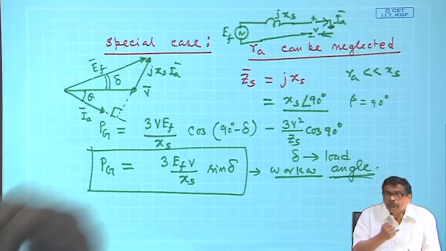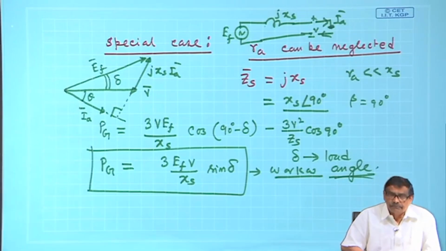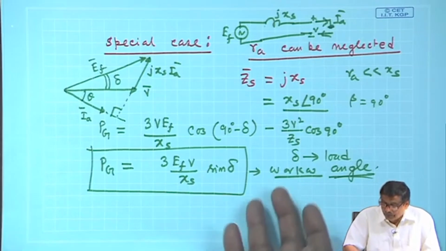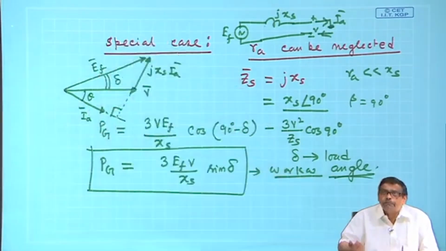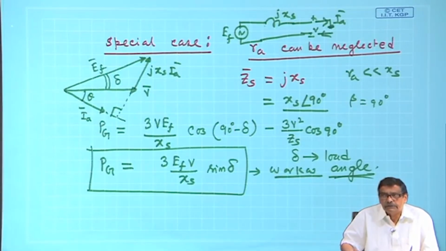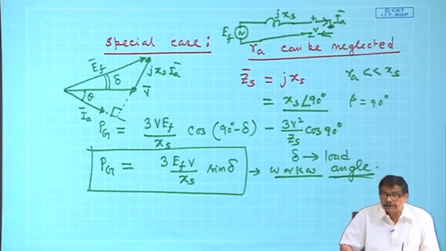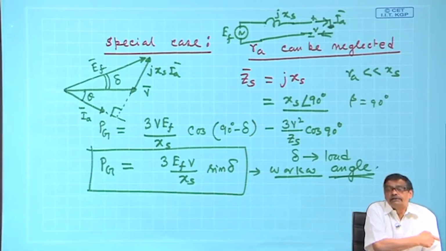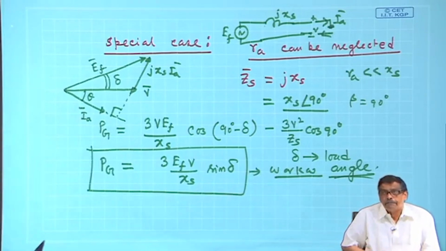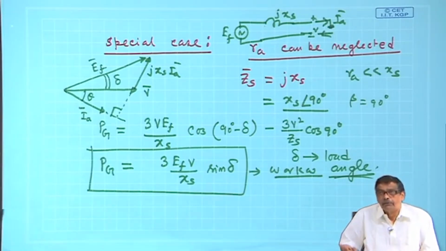The amount of coal needed to be burned will become more the moment you start extracting power from the generator, okay, or more diesel is to be burned. So, the amount of real power supplied by the generator decides how much fuel is to be burned to deliver that amount of power.